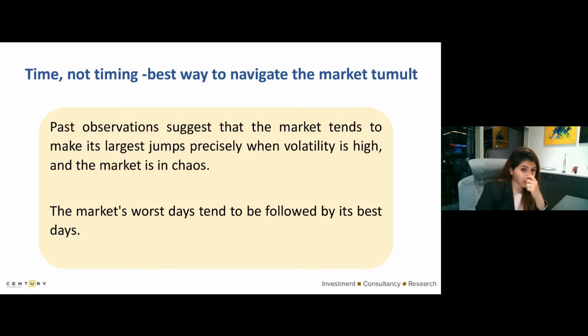So let me ask you a question. I'll do a poll once again. The best single-day return for the S&P 500 was 11.6%. From these dates, when do you think the S&P 500 actually gained 11.6%?